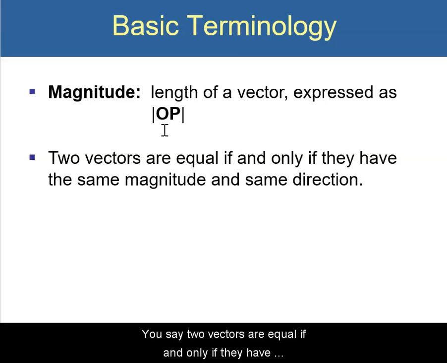We say two vectors are equal if and only if they have the same magnitude and same direction. So they have to point in the same direction and they have to be the same length. If they have different lengths, but the same direction, they're not equal.